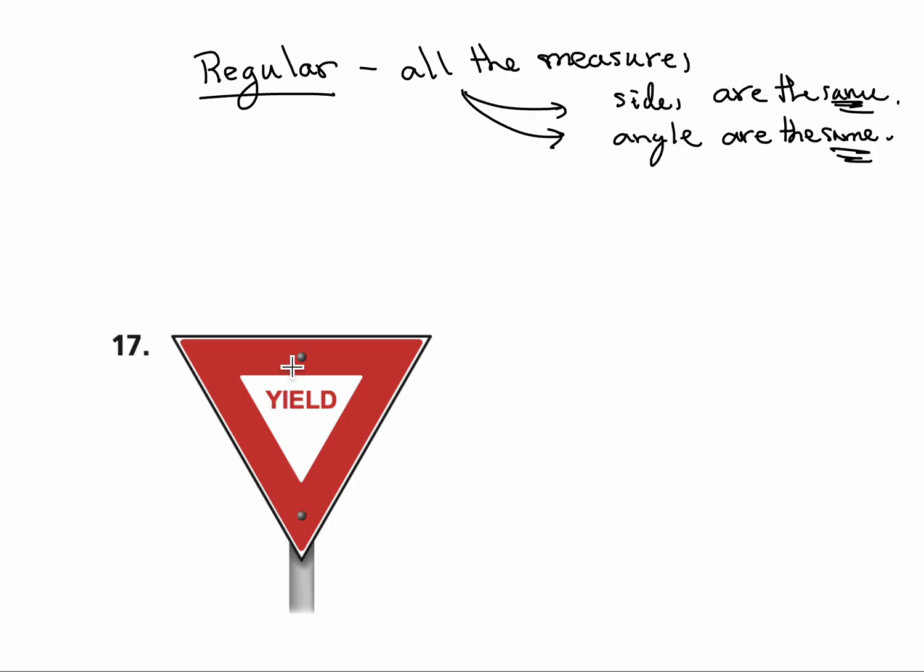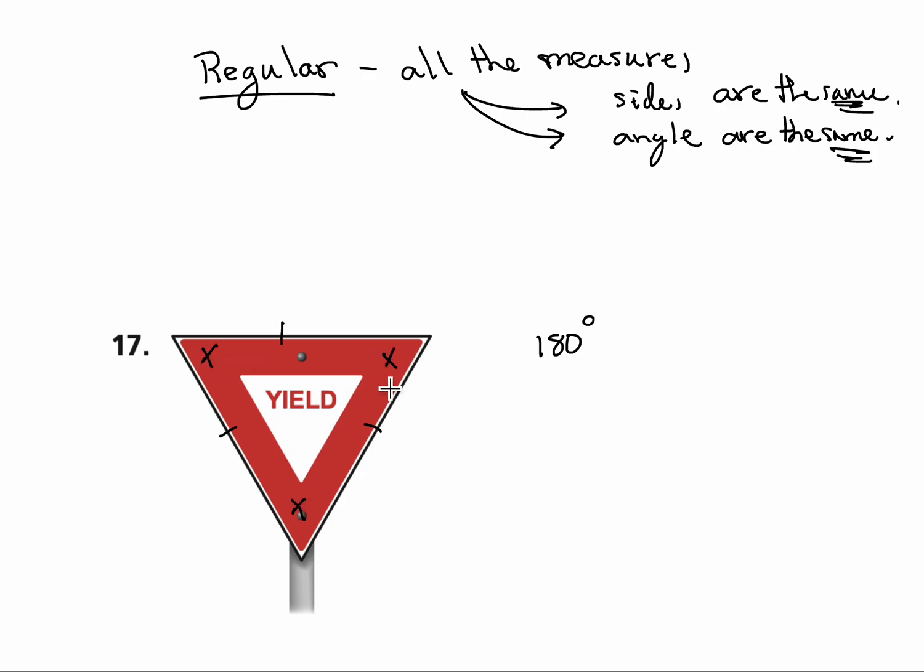So that means on our triangle, this side length, this side length, and the third side length are all the same measures. It also means that if this angle is x, and this angle is x, and this angle is x, all of those x's are the same measure. So in a triangle, how many degrees in a triangle? Well, there's only one triangle, so there's 180 degrees total.